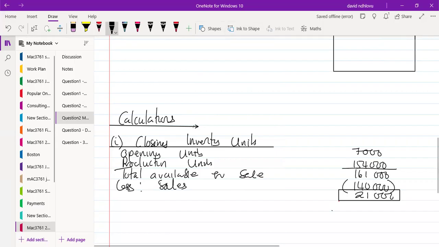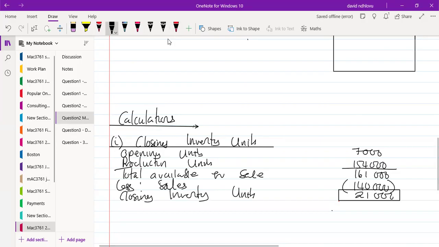So once you have that, you then have your closing inventory units.